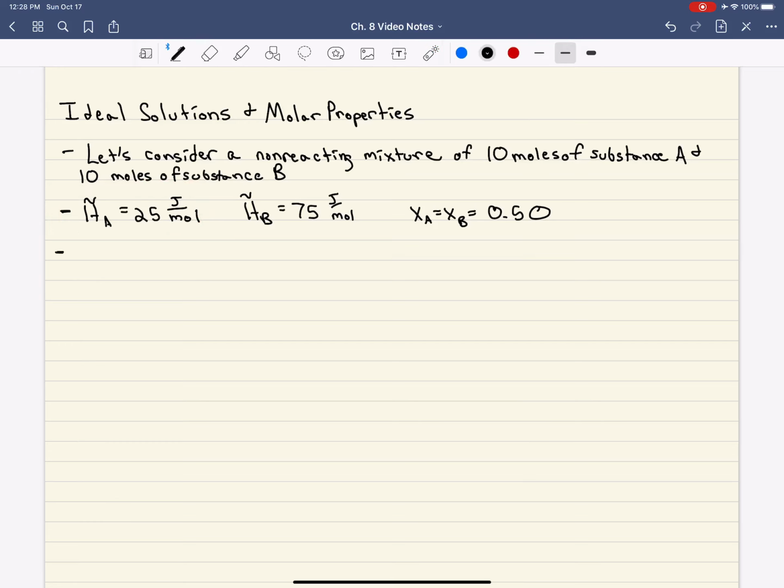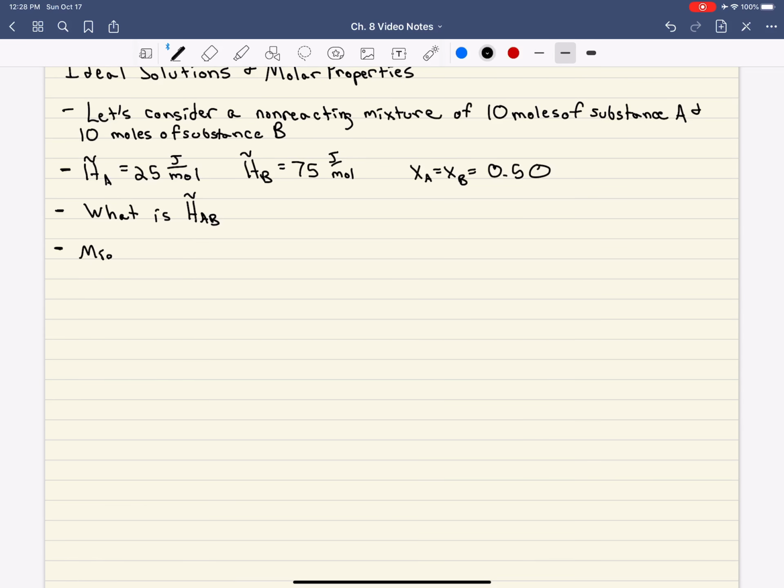But what we want to figure out now is what is going to be the molar enthalpy of the mixture, that solution that contains both substance A and substance B. Now, based on our intuition, based on problems that we've done involving steam tables and when we're handling steam quality and things like that, intuitively, you may expect the molar enthalpy of the mixture to just be a weighted average of the pure component molar enthalpies.